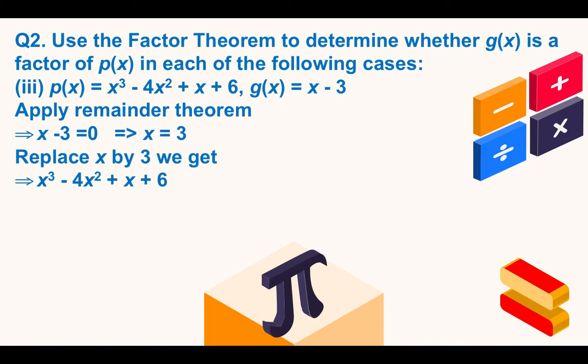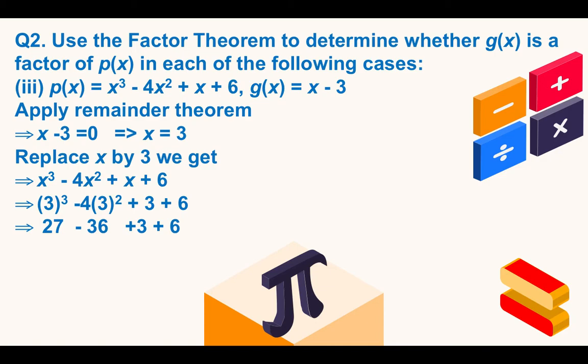So I'll write x cube means 3 cube, minus 4x square means 3 square, plus x means plus 3, and plus 6. So on solving the powers I get 3 cube means 3 into 3 into 3, that is 27, minus 4 into 3 square is 9.